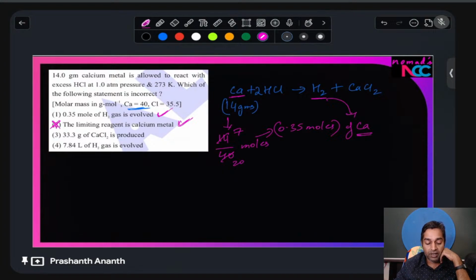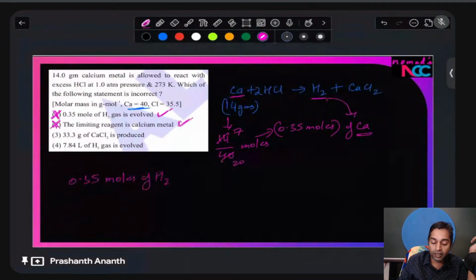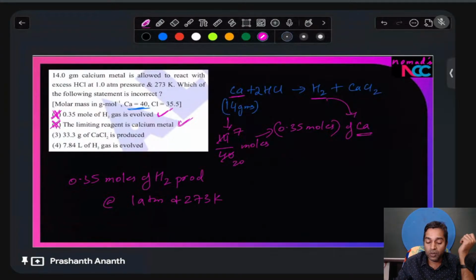Okay, next up. There is another thing related to hydrogen gas, so let's go for that and finish it off. 0.35 moles of hydrogen gas is produced. Correct. Now, this is produced at what condition? It is produced at 1 atmosphere and 273 Kelvin. This is going to be my Avogadro's worth of conditions.